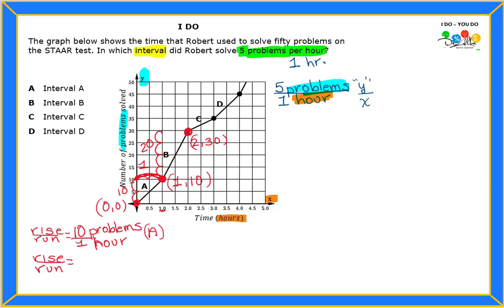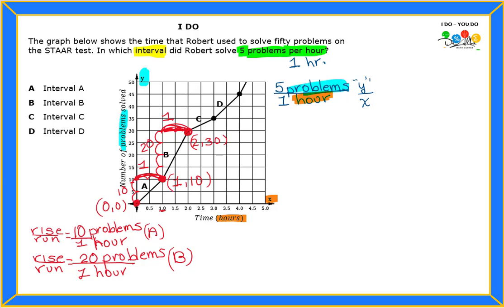So in the next interval, he actually did 20 problems in how many hours? From here to here is 0.5, and another 0.5 makes how much? Another 1 hour. So in interval B, he did 20 problems in 1 hour. So that's not what I want. Let's go to the next one.